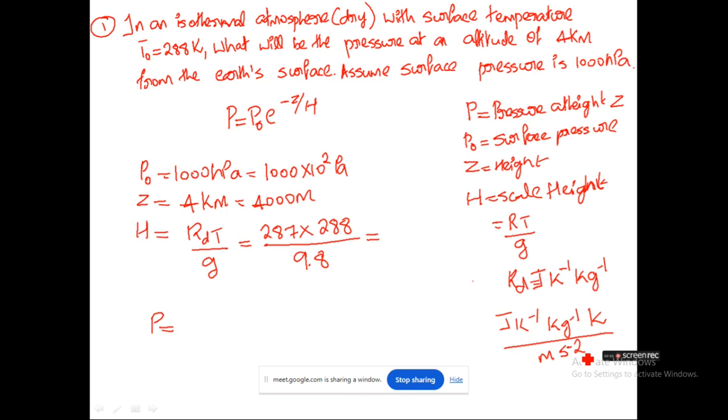Just a second, let me check the unit of R_d. Yeah, joule Kelvin inverse, kilogram inverse.